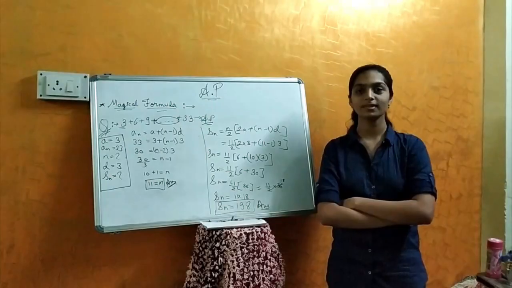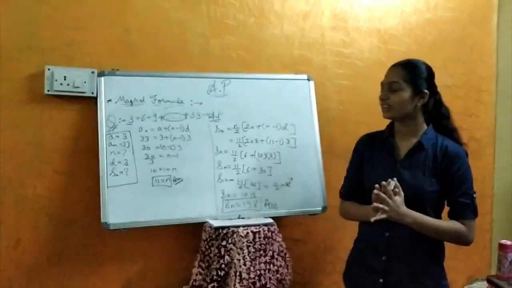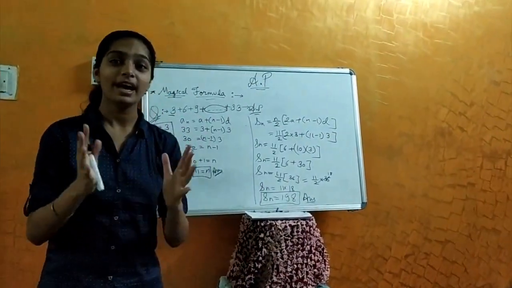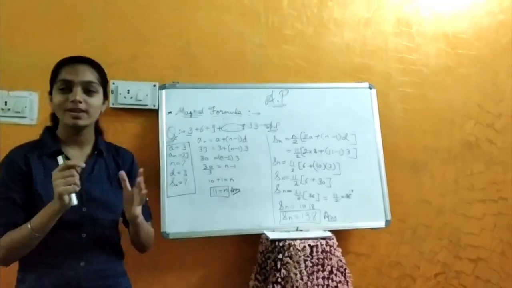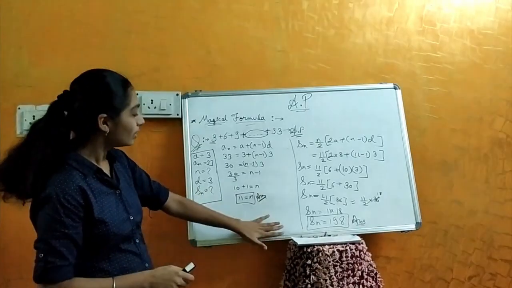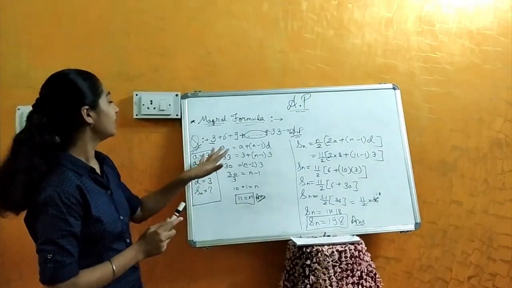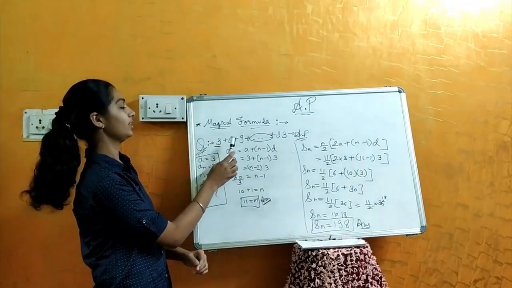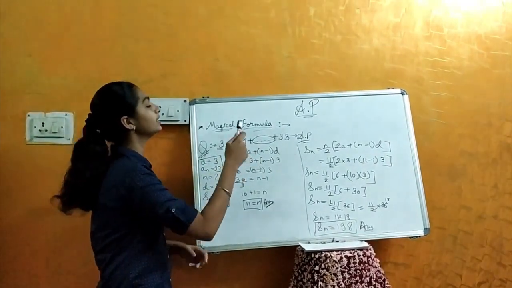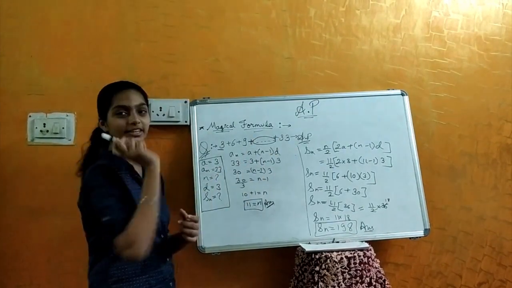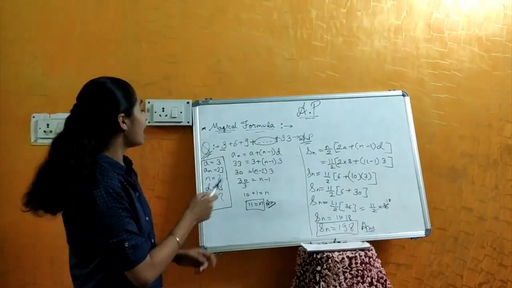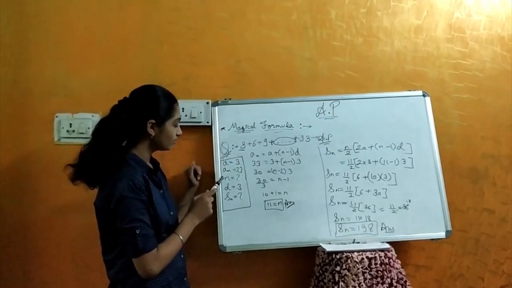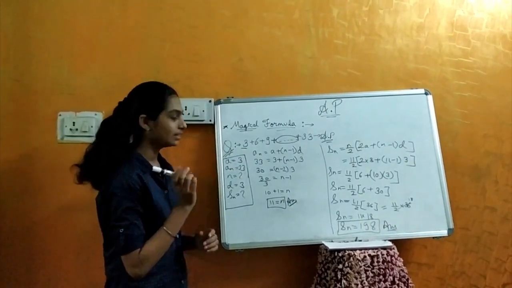So guys, till now we have discussed the an formula and the Sn formula, but we have not discussed how to solve using the Sn formula. So I have solved one question here. The question is, here we have the AP 3 plus 6 plus 9 plus dash dash dash plus 33, till 33. Now what do we have to find out? a, an, n, d and Sn.